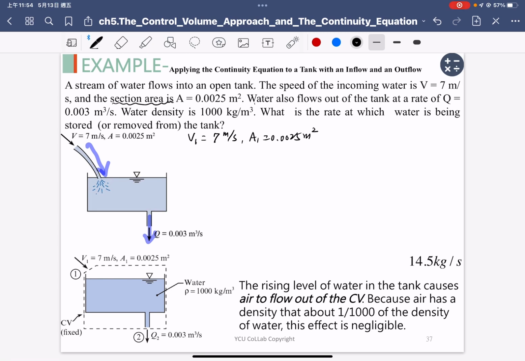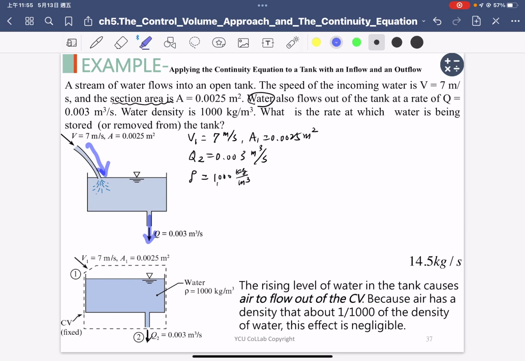Our liquid is water, and it also flows out with the discharge Q2 equal to 0.003 cubic meters per second. And we know that the water density is 1,000 kilograms per cubic meter.